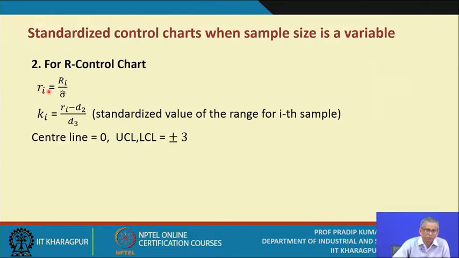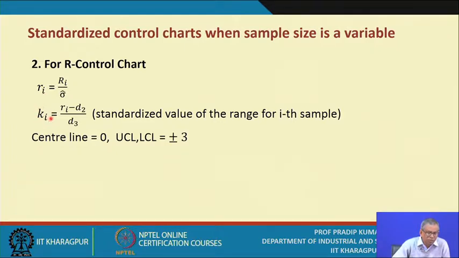We have already referred to this when deriving the expressions for the control limits of the x bar control chart, the relative range, that is small Ri for the ith sample.